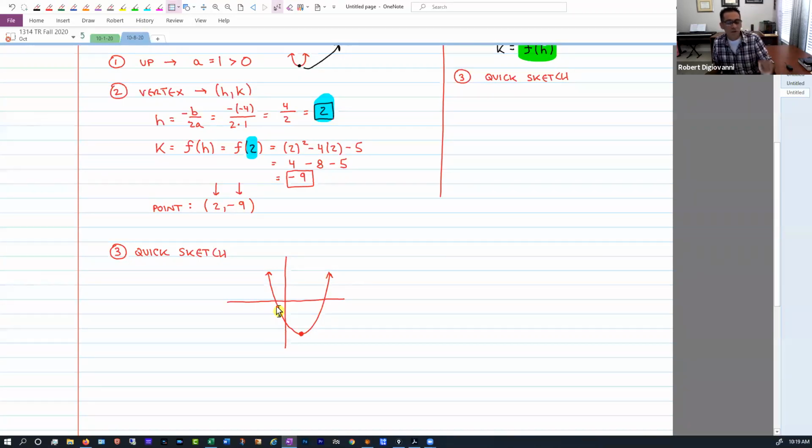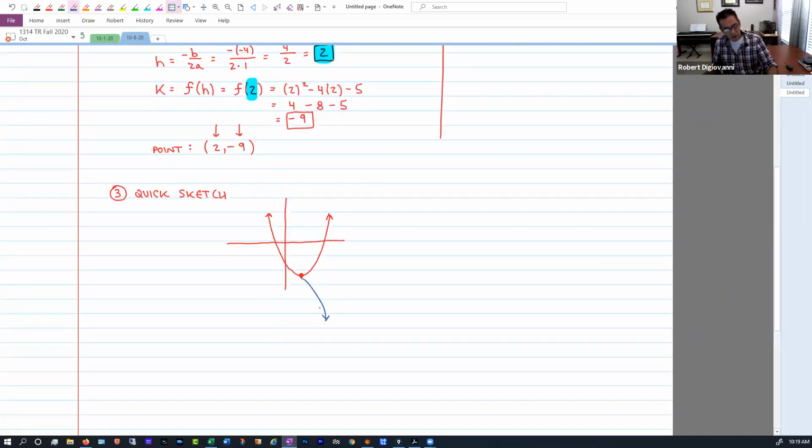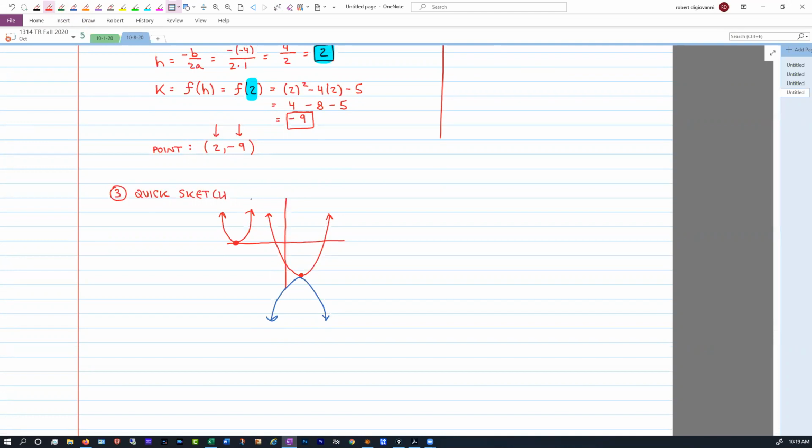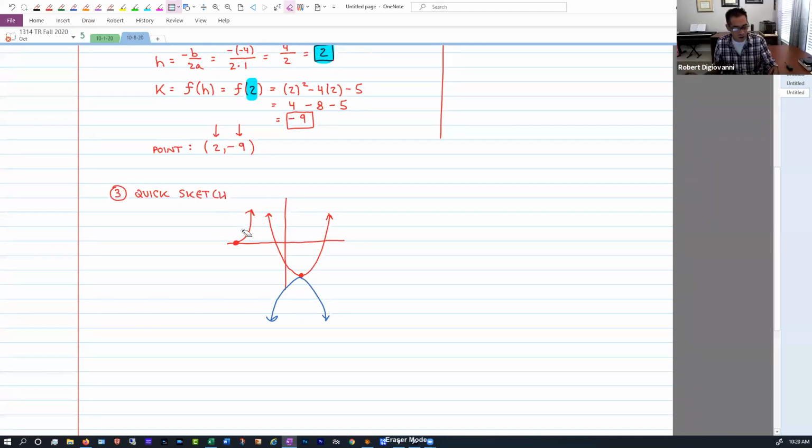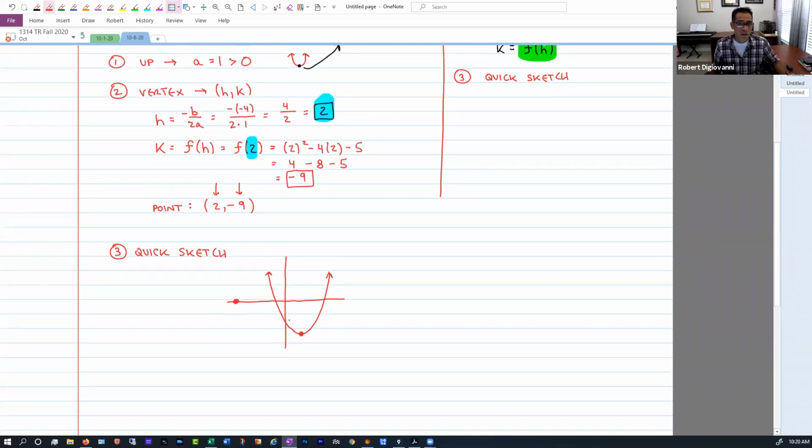Then we would have had no X-intercepts. What if our vertex had been right here on the x-axis and it opened up? Then we'd have 1 X-intercept, which would be the vertex. So this little quick sketch helps you determine how many X-intercepts you have.